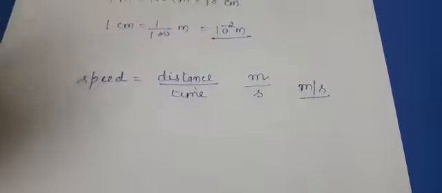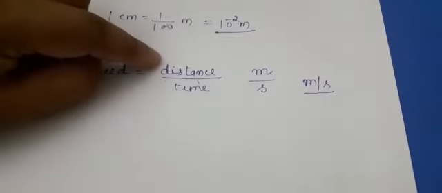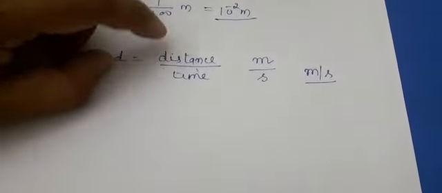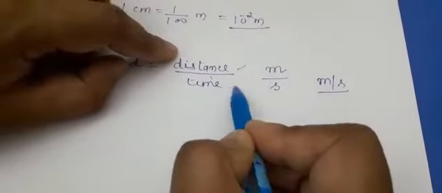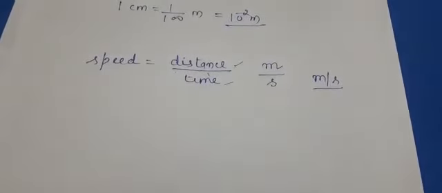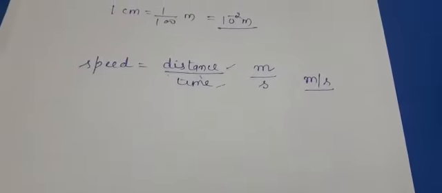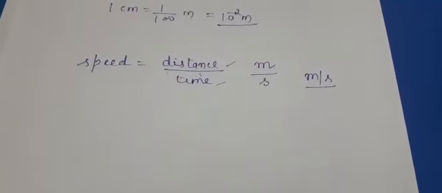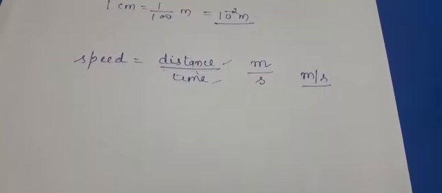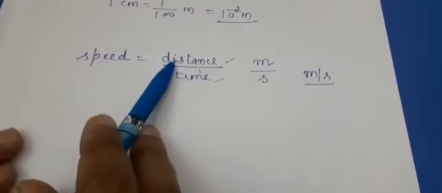So we have simply divided the fundamental quantity, distance, by time. Have we introduced any numerical factor, any multiplying factor there? No. Coherent system is a system where we can multiply or divide the units.